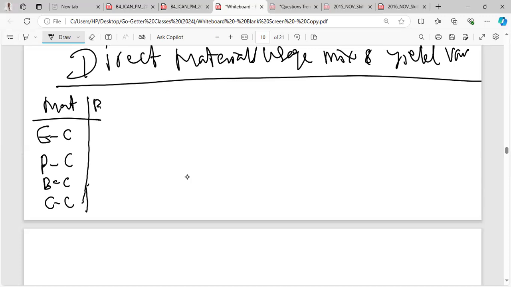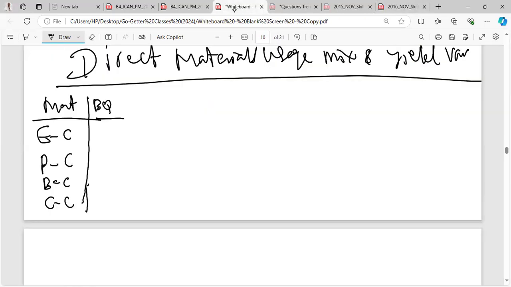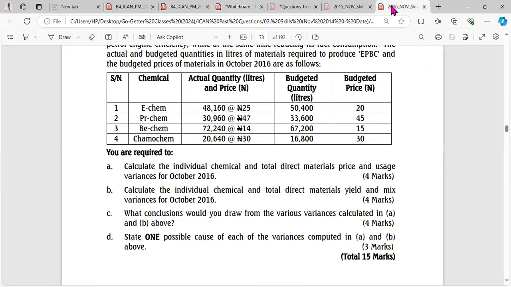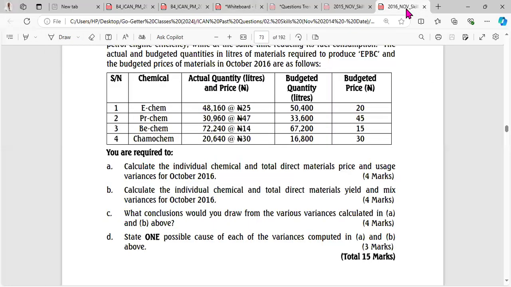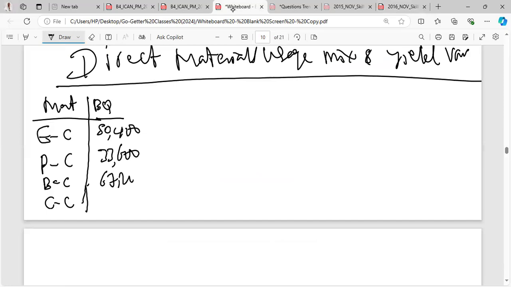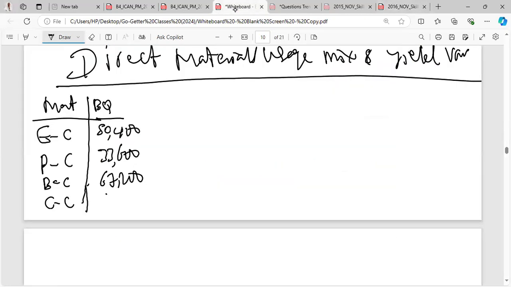This is budget quantity. Let's take it directly from here: 5,400, 33,600, 67,200, 16,800.